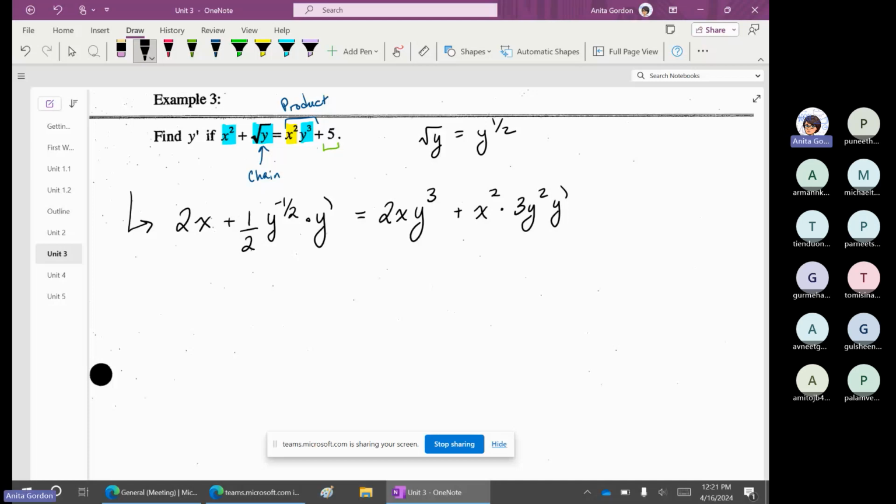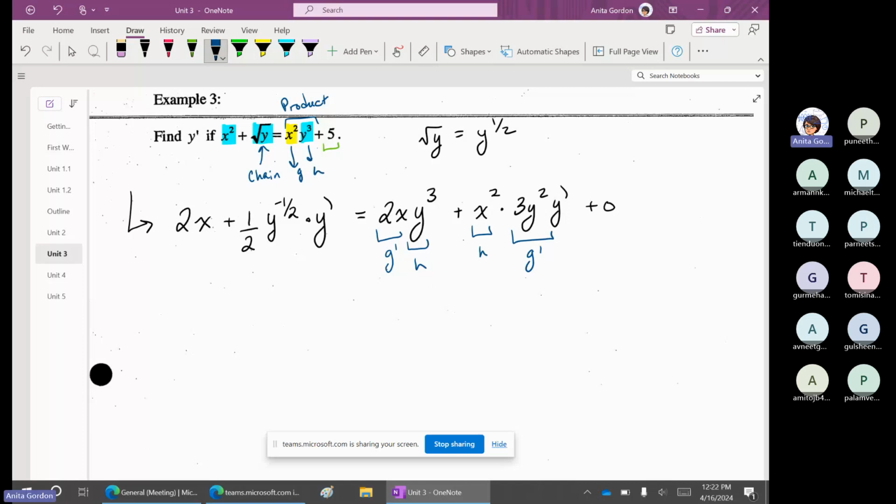Okay, so this was product rule and then plus 0 for the 5. For product rule, think of this as g prime times h and then g times h prime, if I call this g and call this h.